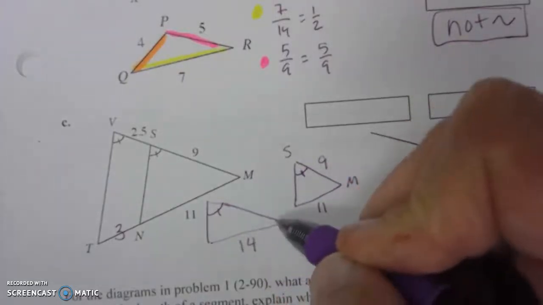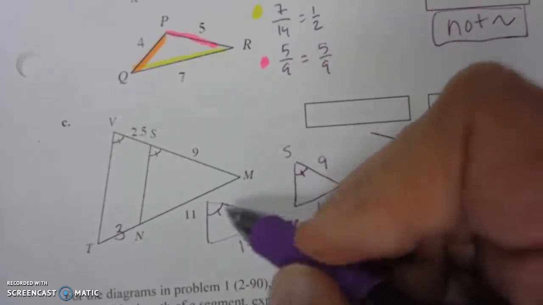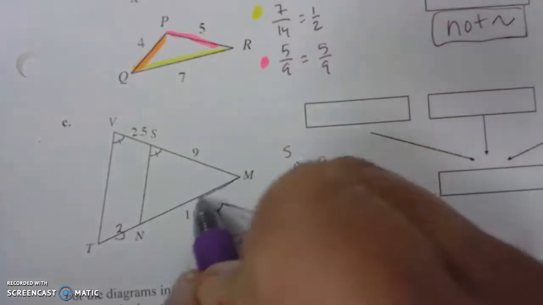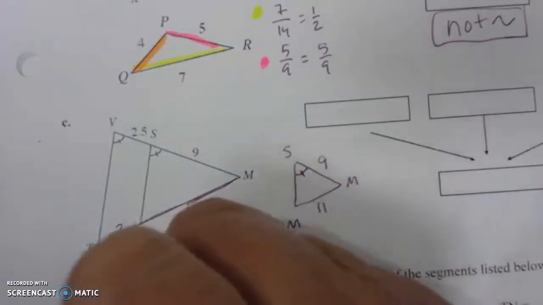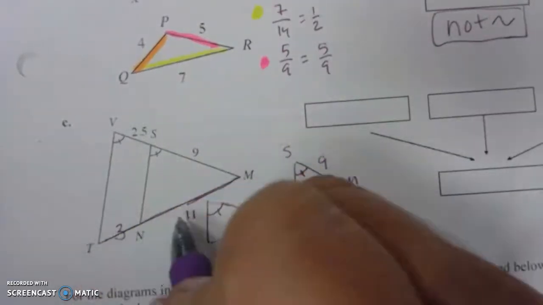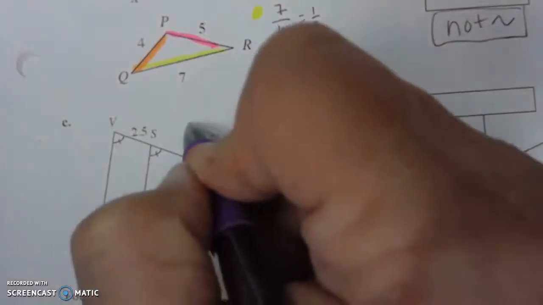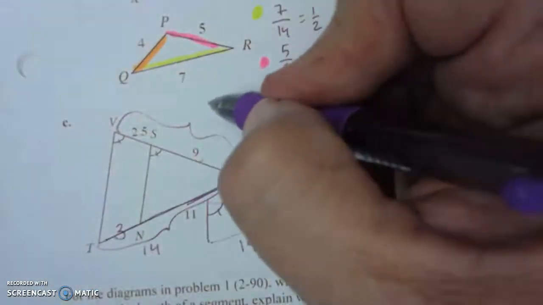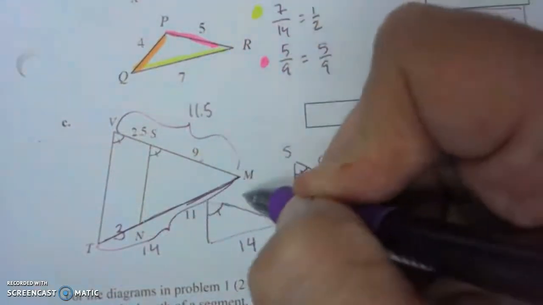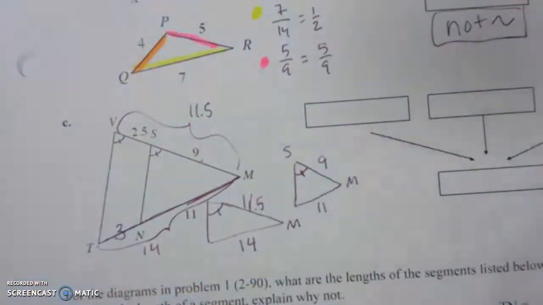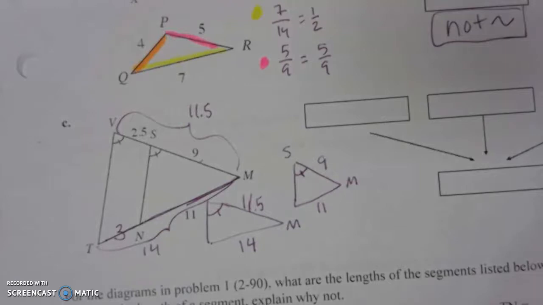This is 14, and how did I get 14? 11 plus 3 is 14. That whole distance is 14. And so this whole distance is 9 plus 2.5, or 11.5.